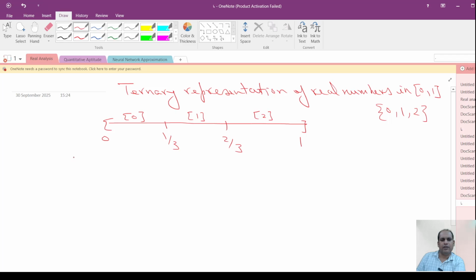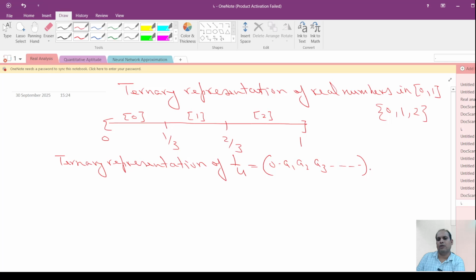Let me start with the ternary representation of 1/4. I need to find its ternary representation, say 0.A1 A2 A3 and so on in base 3, using these three digits 0, 1 and 2.